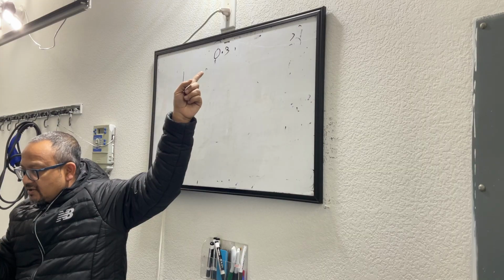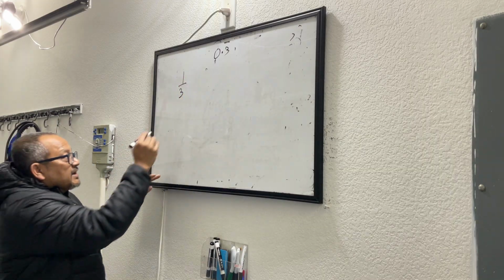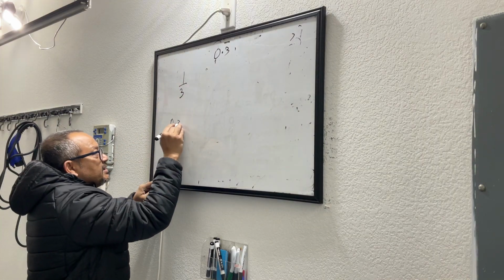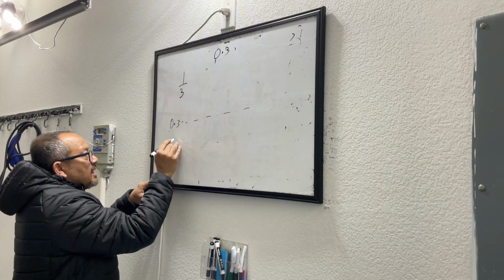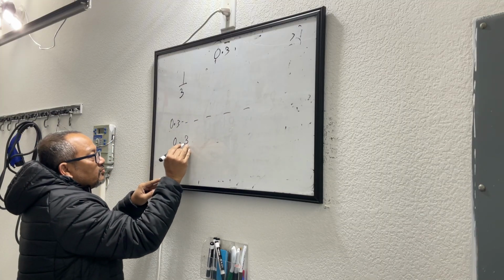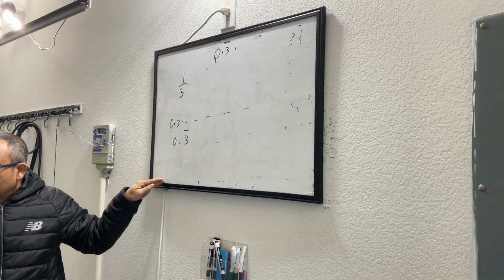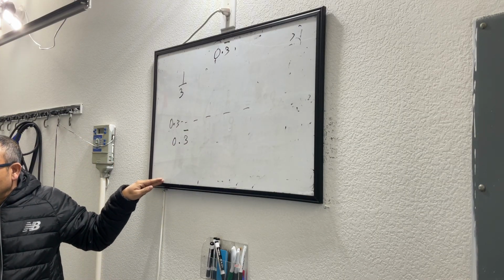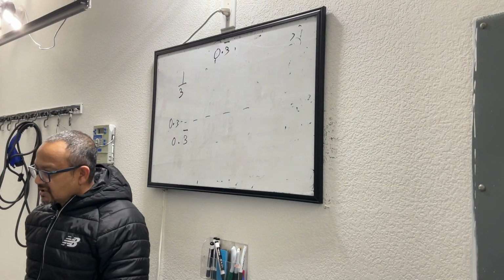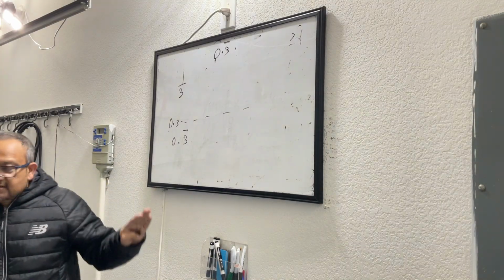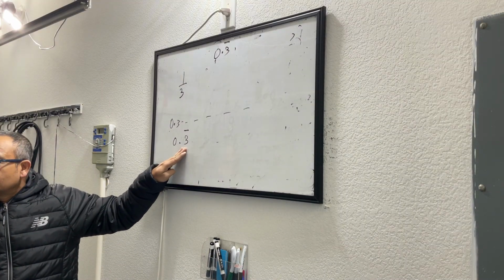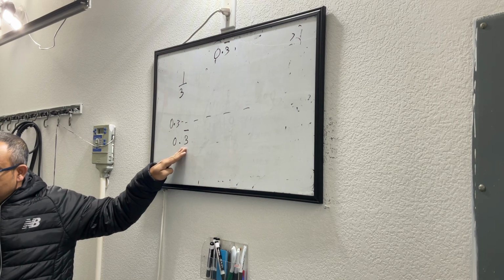So instead of writing 1/3 as 0.333333, I'm saying no, don't worry about it. I will use this roof on the top of this number, which is a sign of recurrence. And this is called the scenario of repeating decimal.